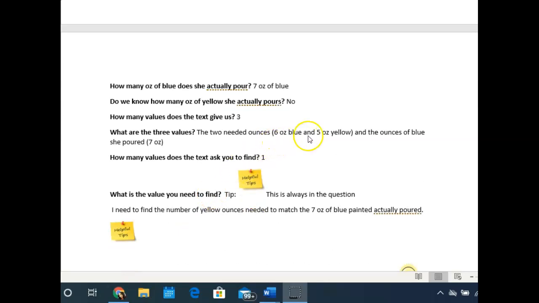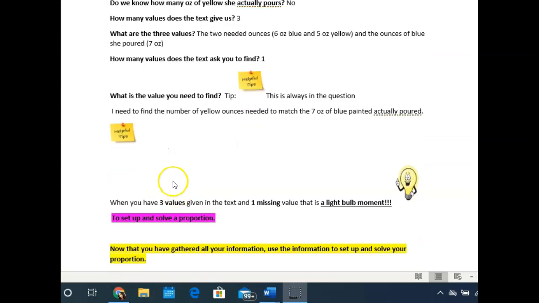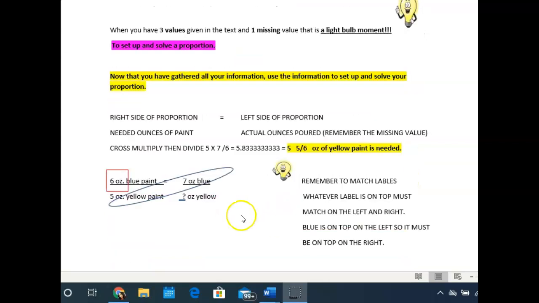If you're given a ratio, for example here, 6 ounces of blue to 5 ounces of yellow, and that she actually poured 7 ounces of blue, and then it asks you to find the yellow, when you're given 3 values and asked to find 1, that's a good indicator, light bulb moment, that you're going to set up a proportion.